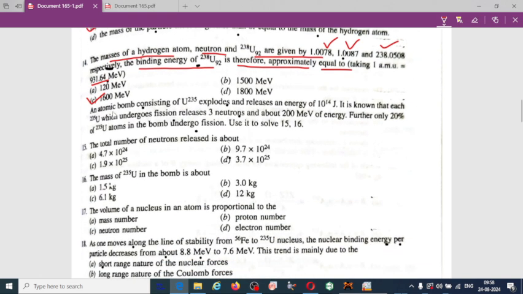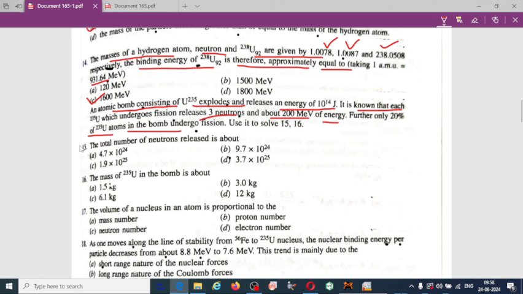So in the next question, an atom bomb consists of uranium-235 explodes and release an energy of 10 to the power 14 joule. It is known that each uranium which undergoes fission release 3 neutrons and about 200 mega electron volt of energy. Further, only 20% of uranium-235 atoms in the bomb undergo fission.